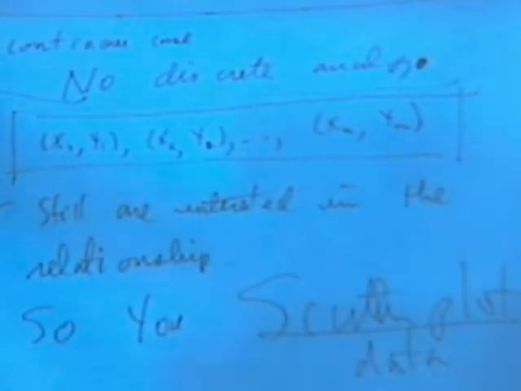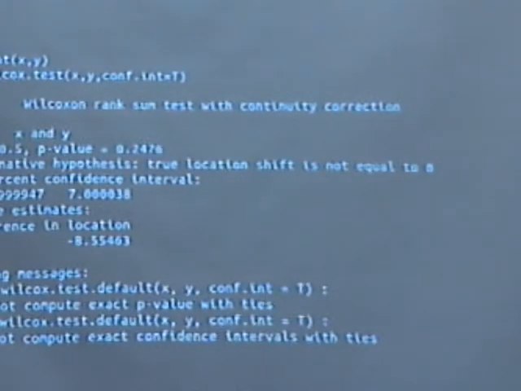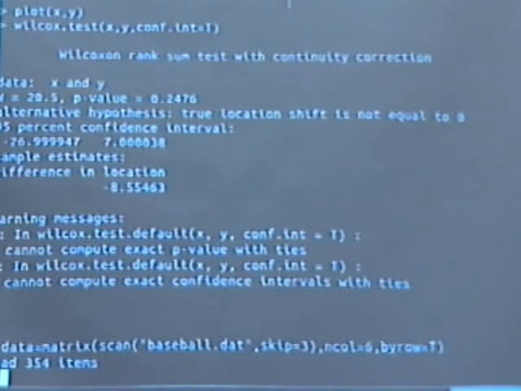Okay, so let's finish with this plot. It's a nice plot. They give you the height, but they don't give you the weight. So you want to plot.